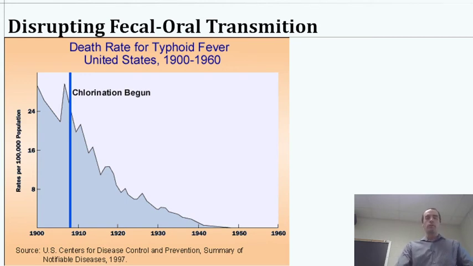But with chlorination, typhoid fever is a fecal-oral transmitted disease. In fact, if you travel to less developed countries, then a lot of times you'll be recommended to get a typhoid vaccine, because the fecal-oral transmission of organisms is more common if there's not very good protection for your water systems and your food systems.